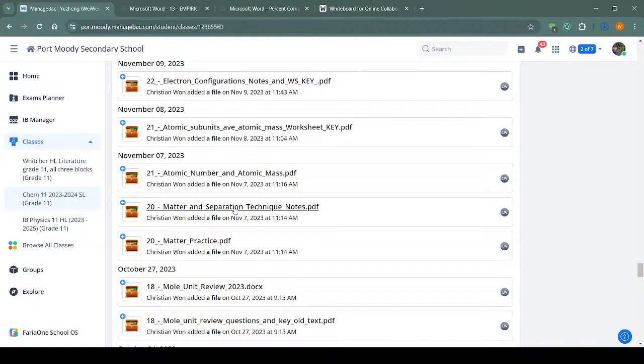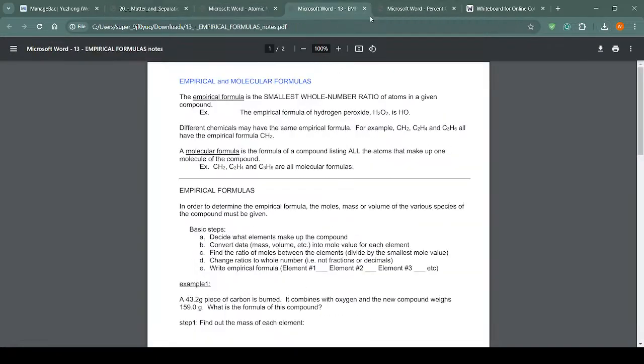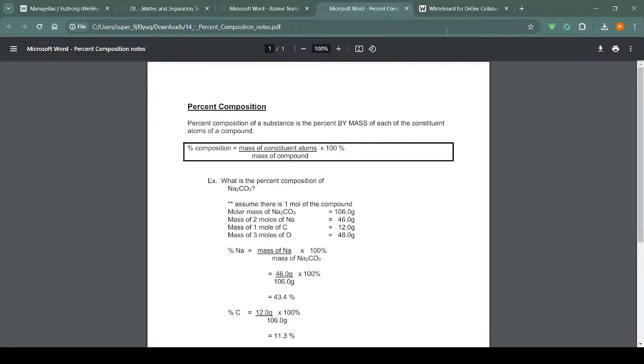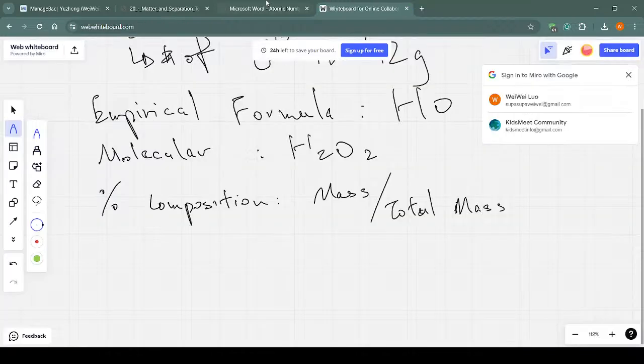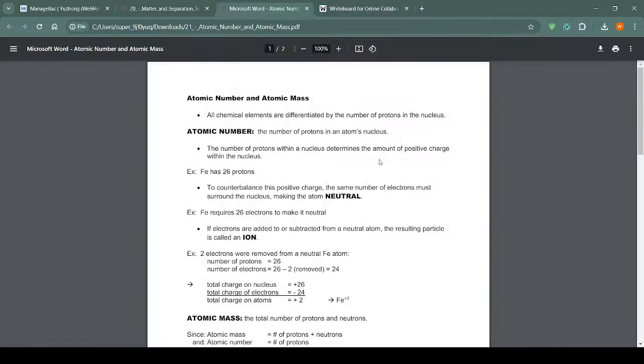Ooh, separation techniques. Gotta review that. Number of protons.